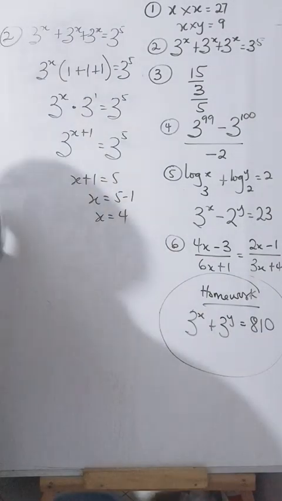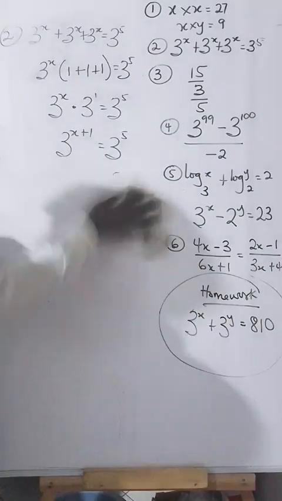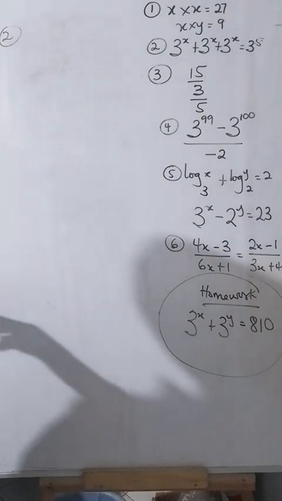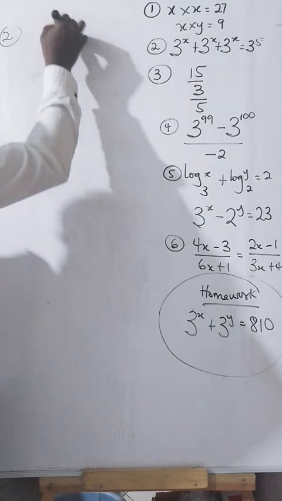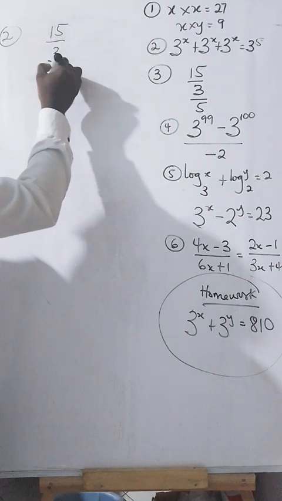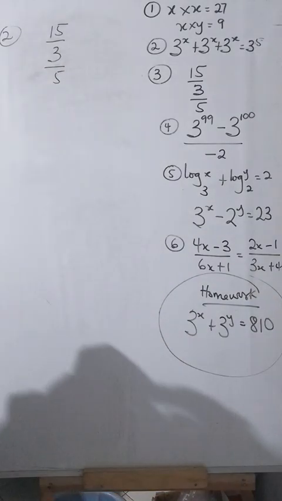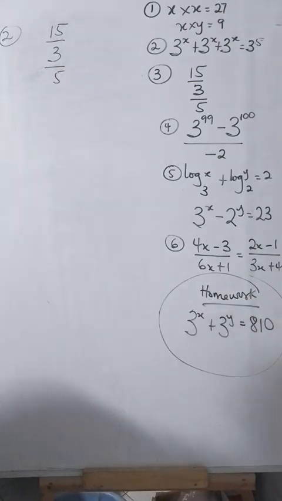Right. Then, next question is question 3 here. We have 15 on 3 on 5 on 5. So here, how are you going to work it? Are you going to take it 15 divided by 3 on 5, or 15 on 3 divided by 5? Right.